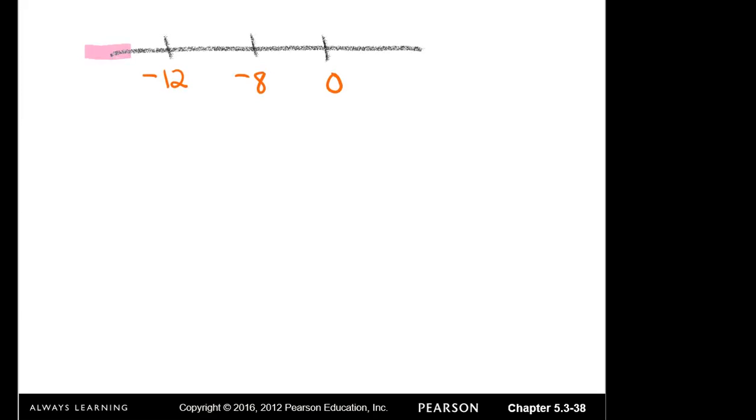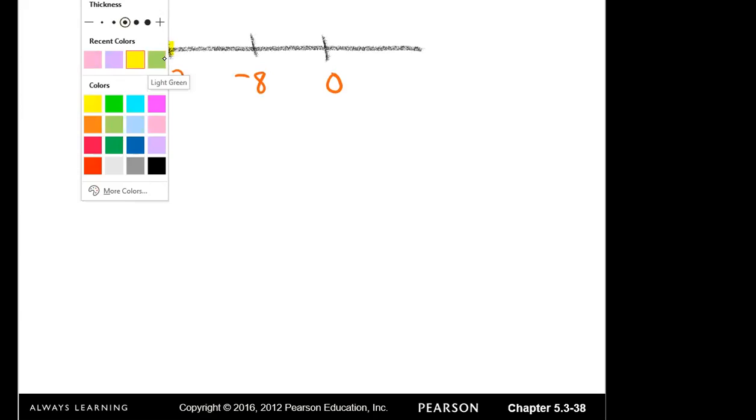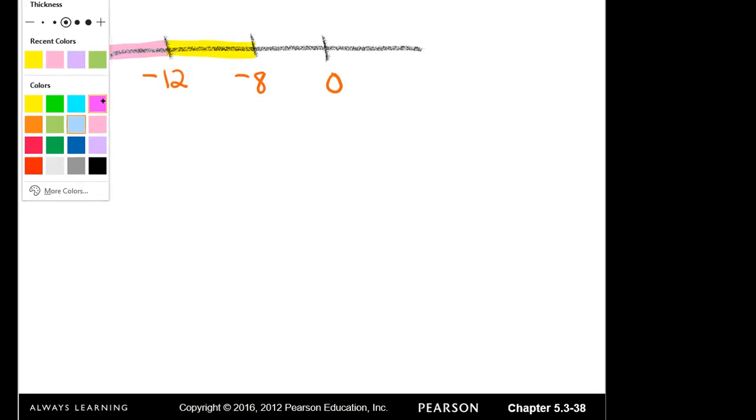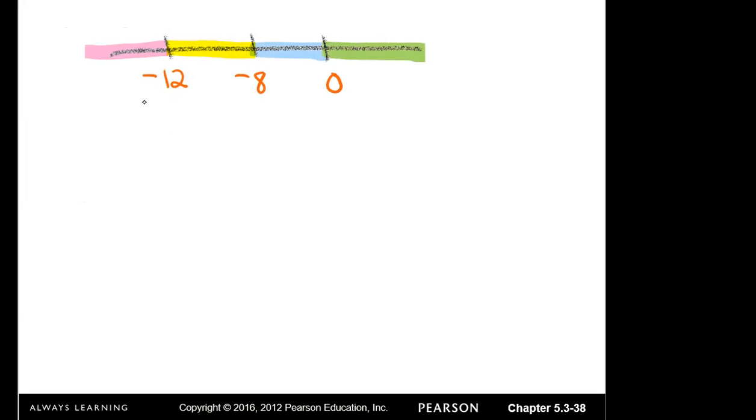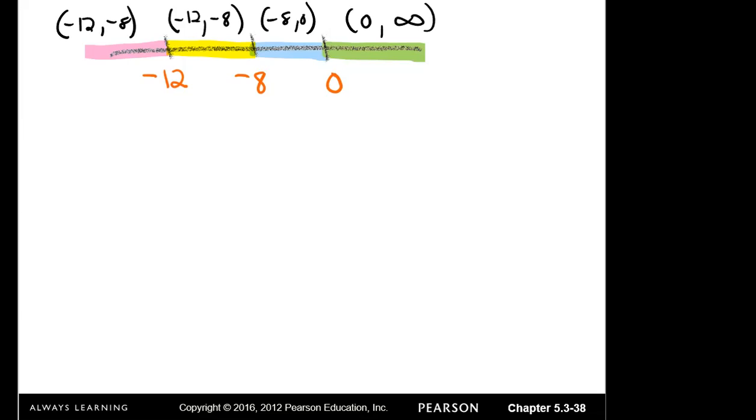So that divides this into 4 intervals. The first one goes from -infinity up to -12. This one in yellow goes from -12 to -8. The blue one is between -8 and 0, and the green one is from 0 to infinity.